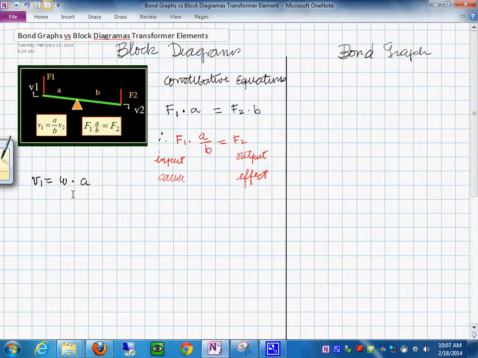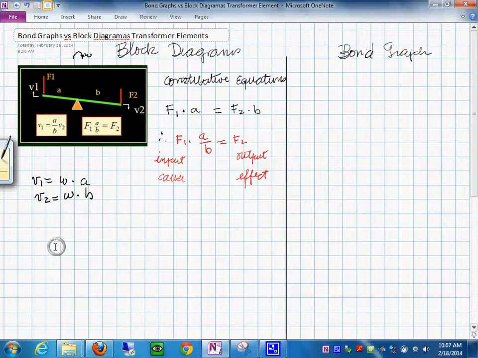Omega being the angular velocity. So omega is like this, omega this way. So isn't it true that the velocity v1 is omega times A, and also that velocity 2 is omega times B?